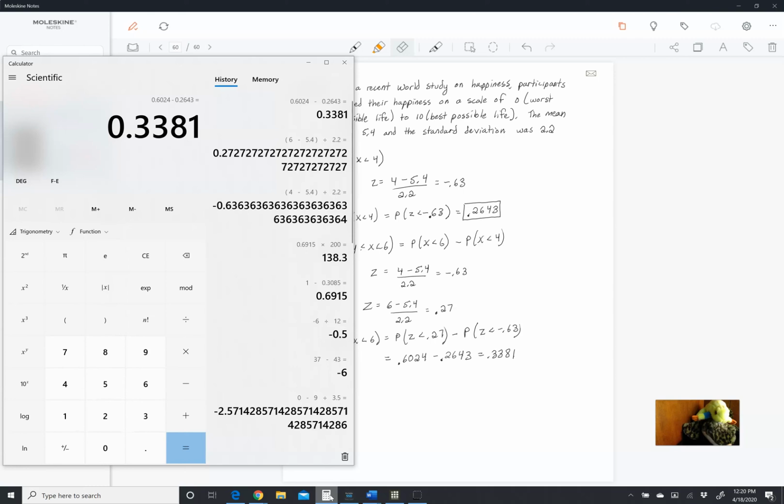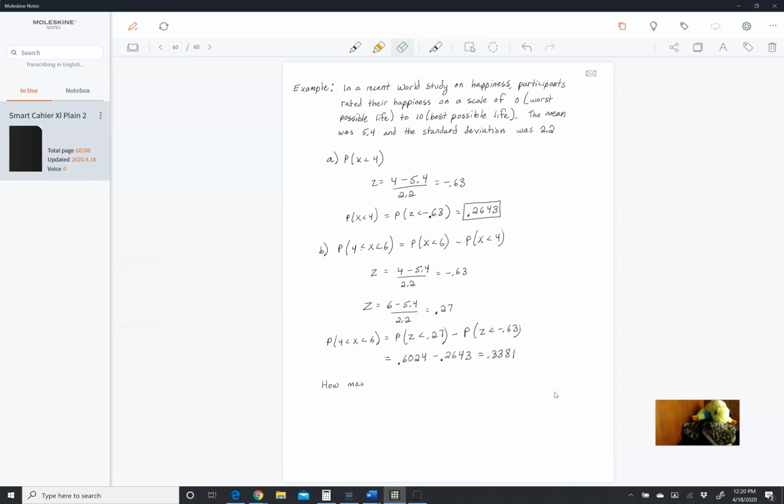And if we want to know how many people out of 800 answered between 4 and 6, we would just take that 0.3381 and multiply by 800, because this 0.3381 is saying about 33.8%. So we're taking 33.8% of 800.